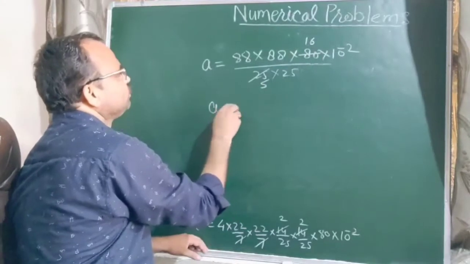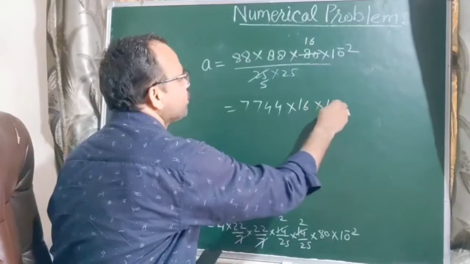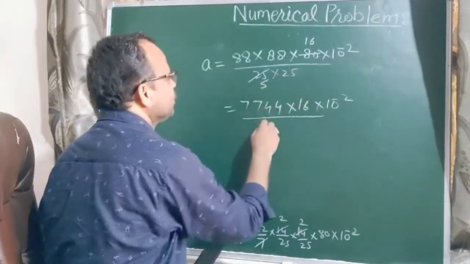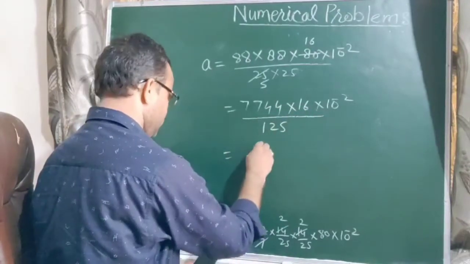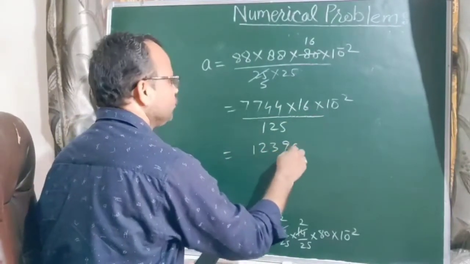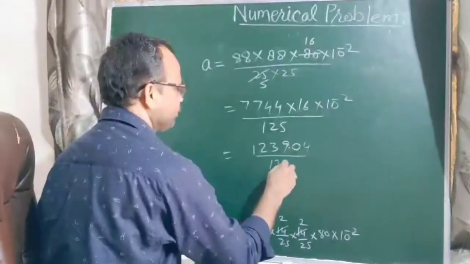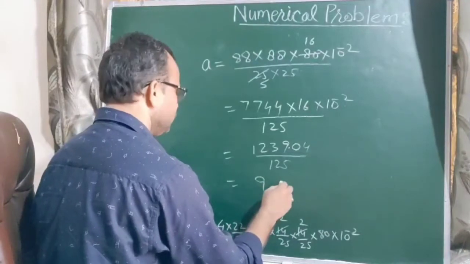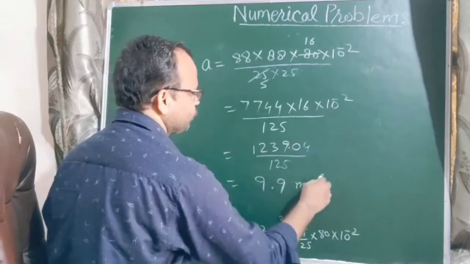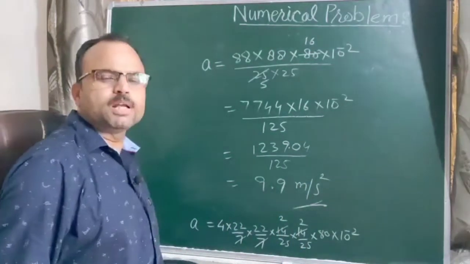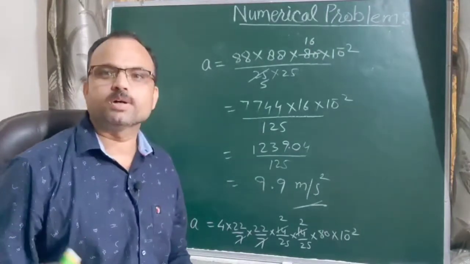So a equal to 7744 into 16 into 10 to the power minus 2, upon 25 into 25, that is 625. Now multiplying by 16, we get 9.9 meter per second square. So centripetal acceleration is 9.9 meter per second square. Its direction is towards the center.